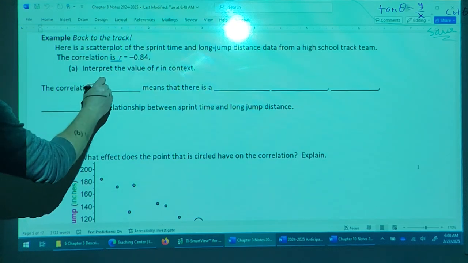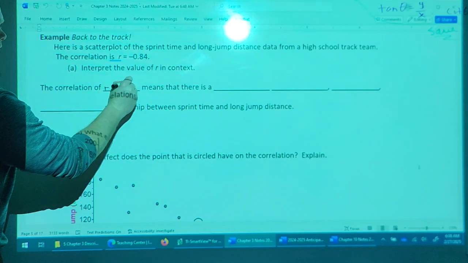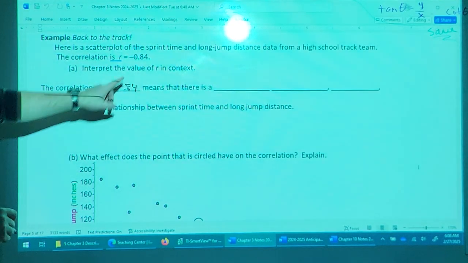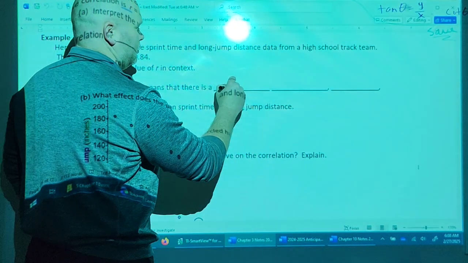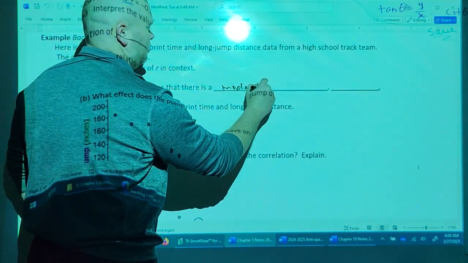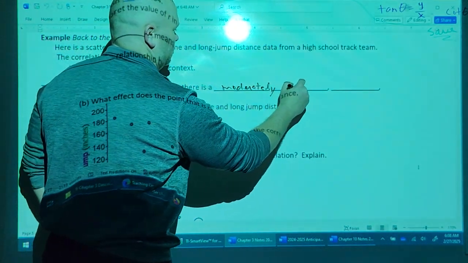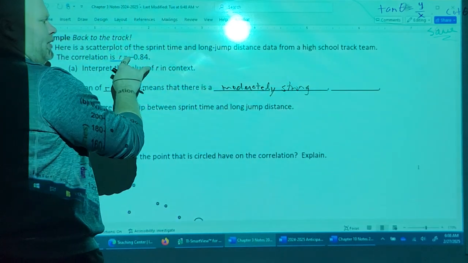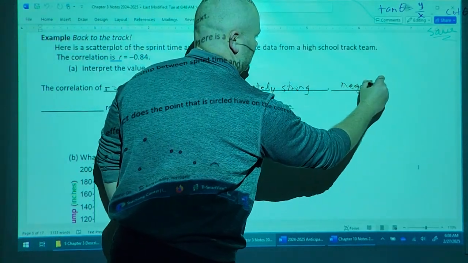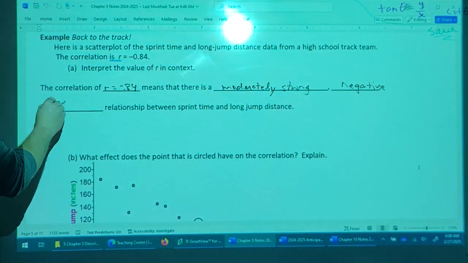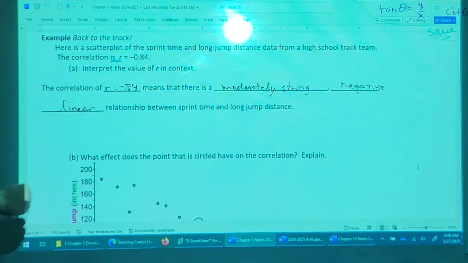So the correlation of R equals -0.84 would mean that there is, again, a pretty strong, so again I would say maybe moderately strong, because the R value is negative, there is a moderately strong negative linear relationship between sprint time and long jump distance.